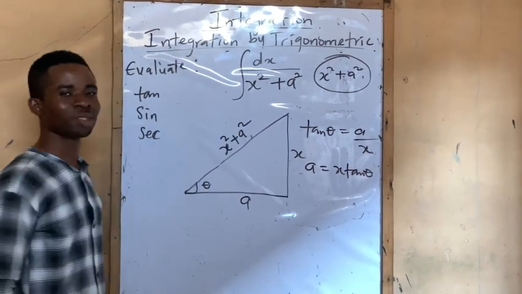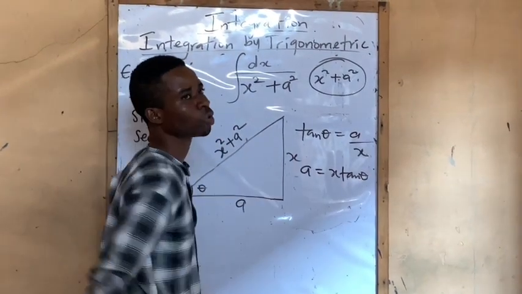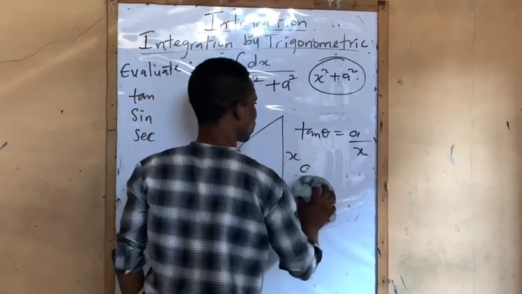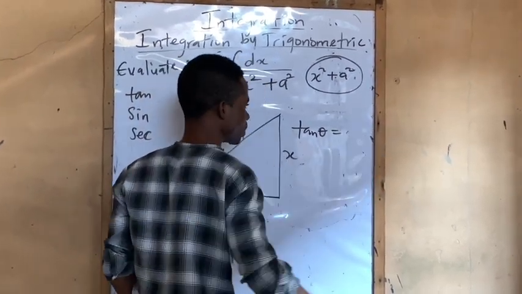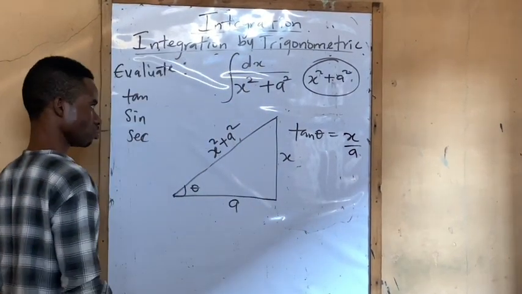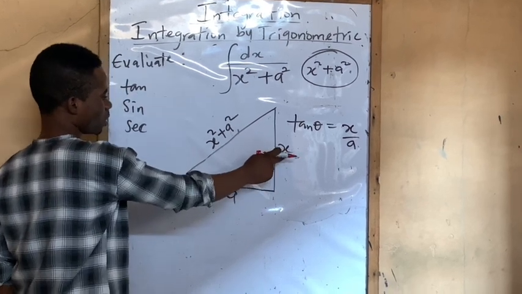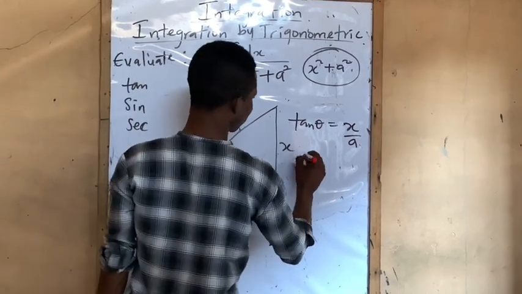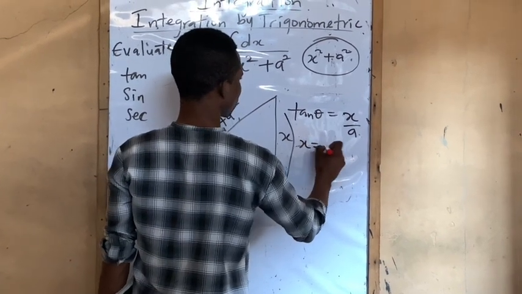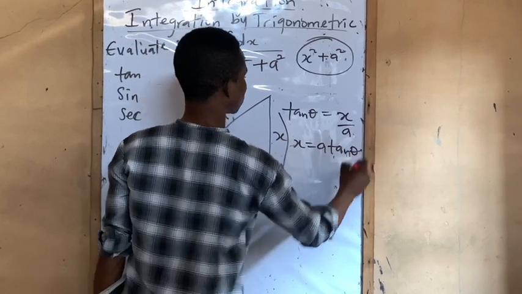But it must not come like this. It must always come as x equals, not a equals. That means my opposite must be x, like this, and adjacent must be a.